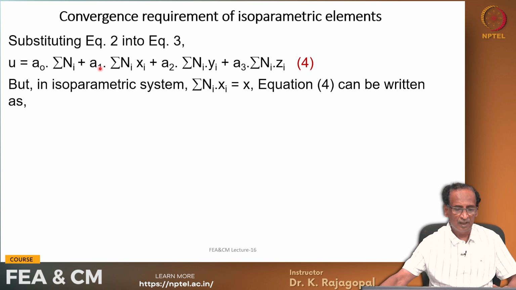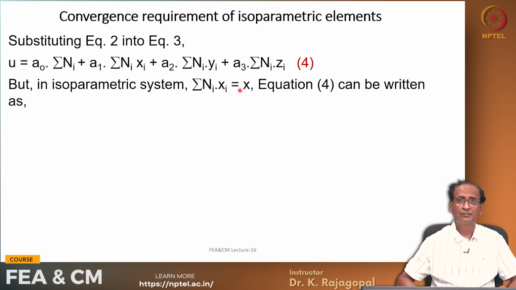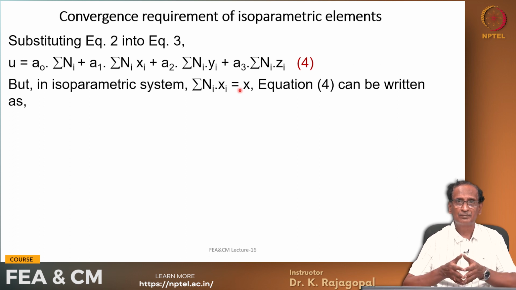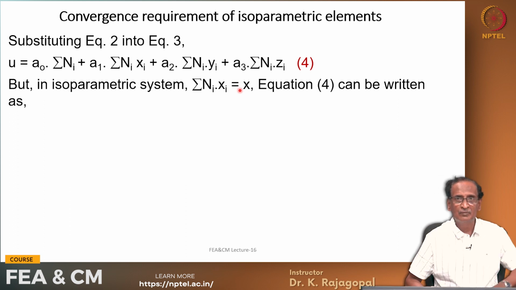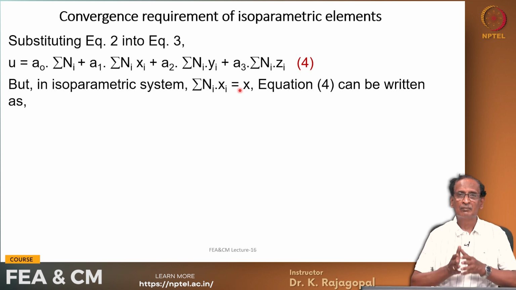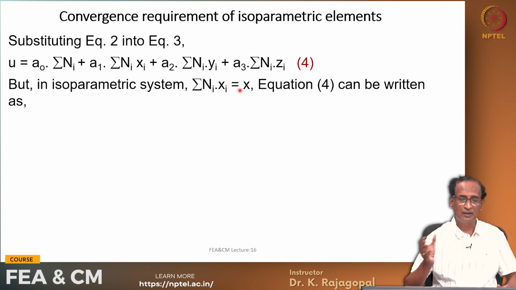But our sigma of Ni xi is actually x, that is, the sum total of shape function value multiplied by the coordinate value is x, as we have seen earlier through the mapping functions. And you realize that in the isoparametric elements we use the same mapping and shape function.